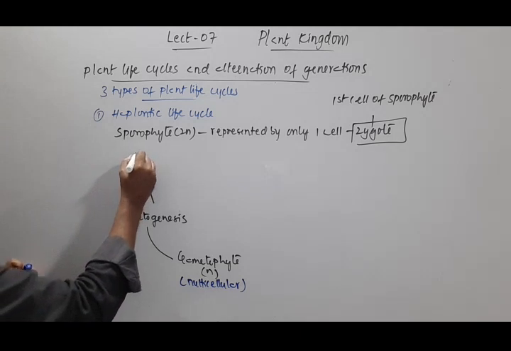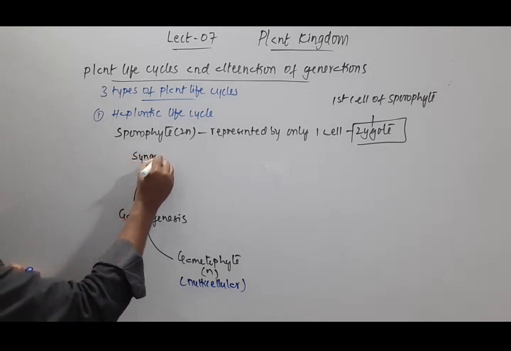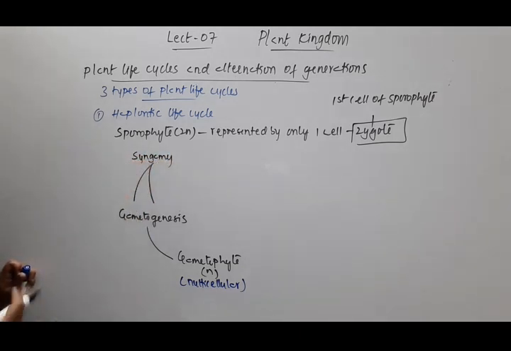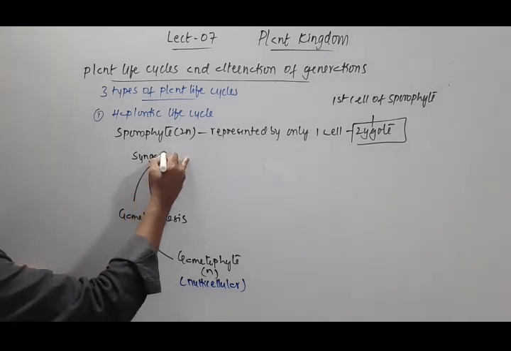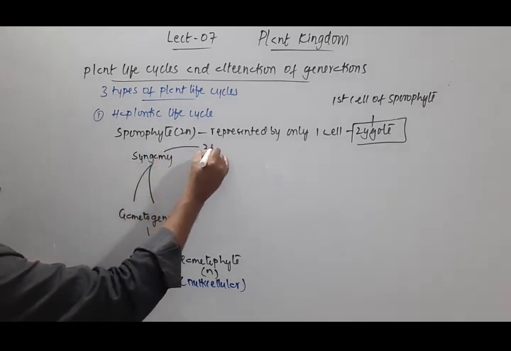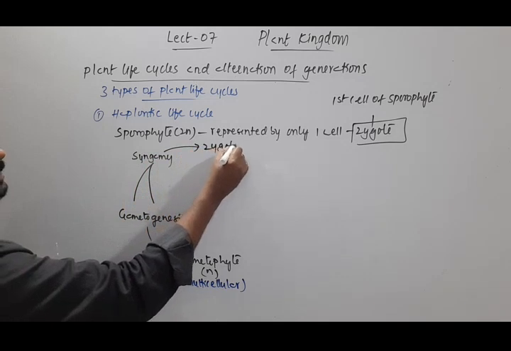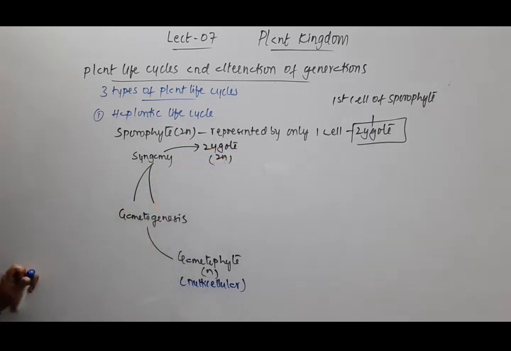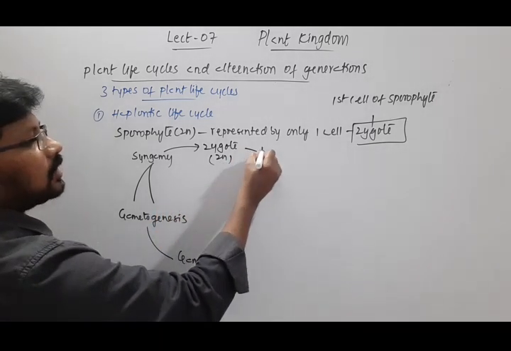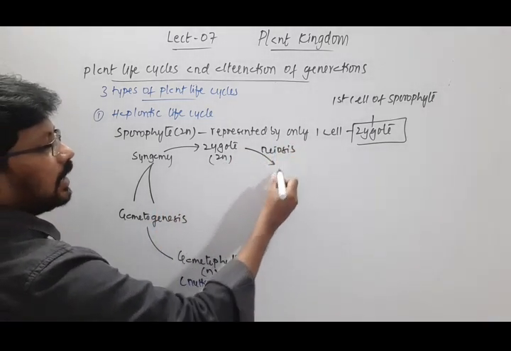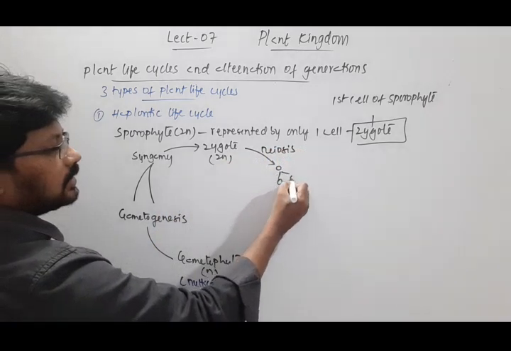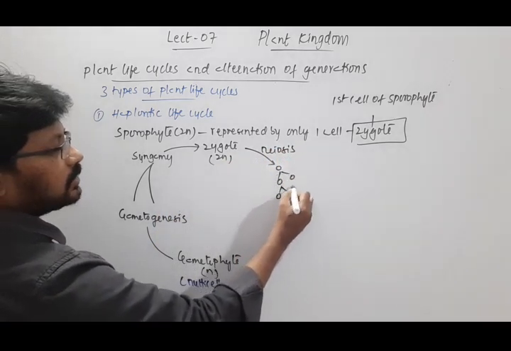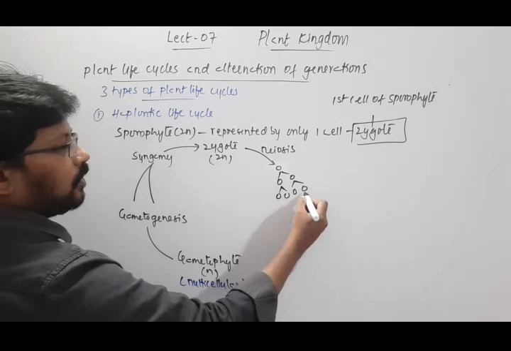And this results in the fusion, and that's called syngamy, and that results in the formation of zygote, 2n. So this zygote will undergo meiosis, and that results in the formation of haploid spores.